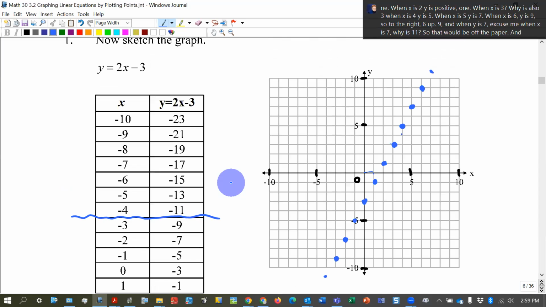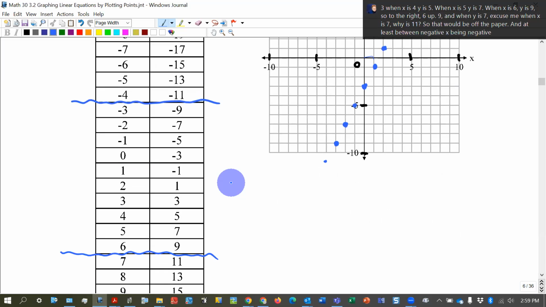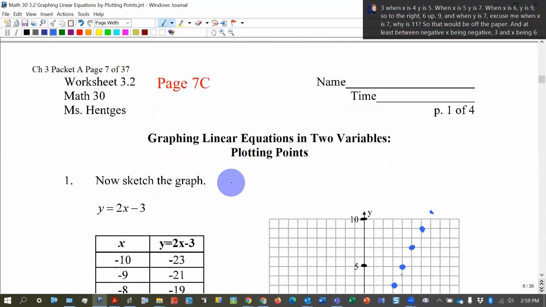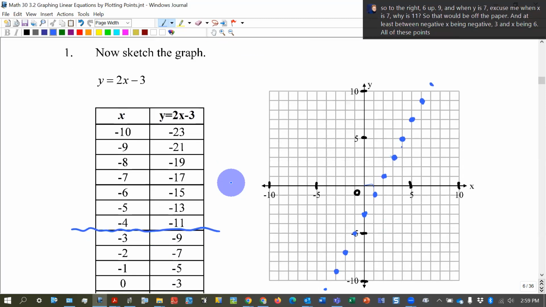And at least between X being -3 and X being 6, all of these points are on a straight line.